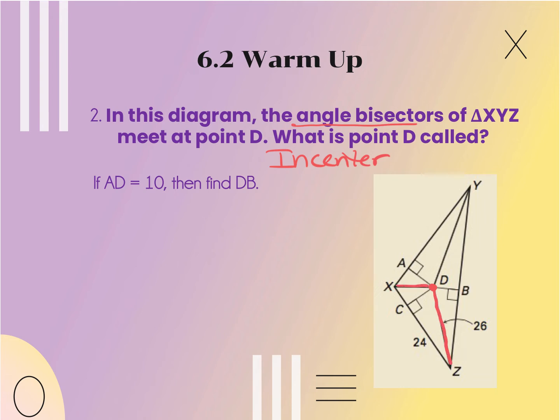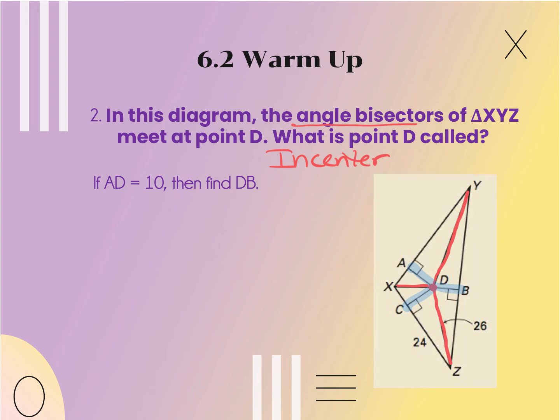Remember, the angle bisectors are not congruent. What's going to be congruent are the equidistant segments to the sides that we can draw out of that incenter. So AD, BD, and CD are not perpendicular bisectors. They're just equidistant segments to the sides.